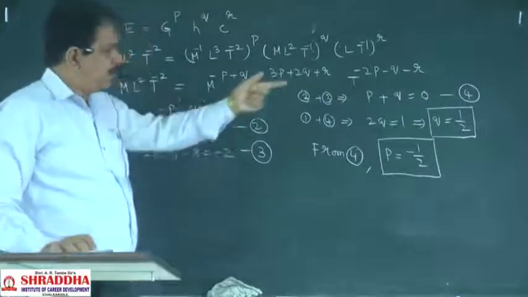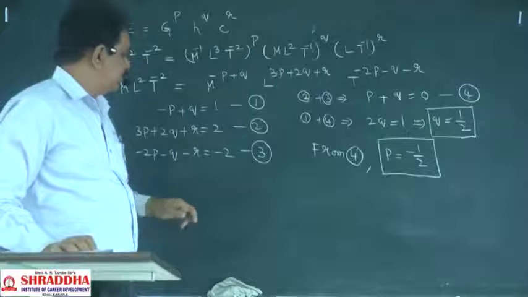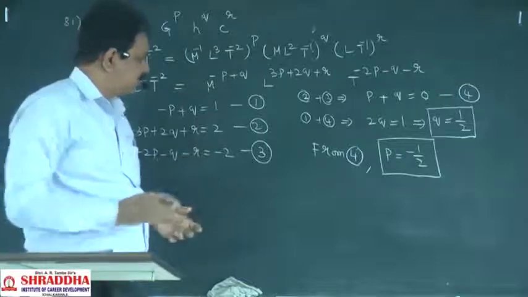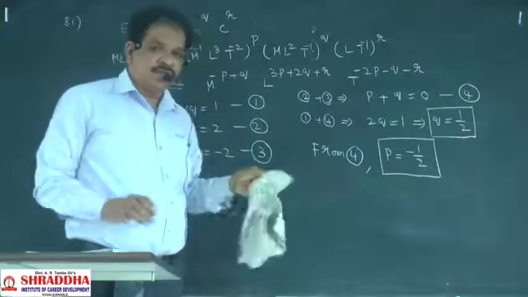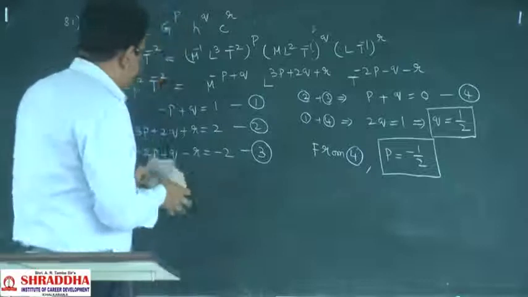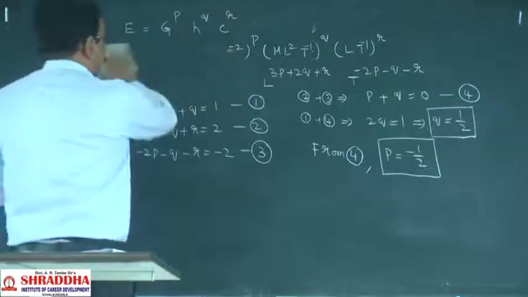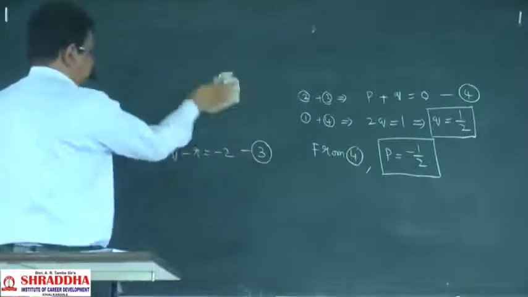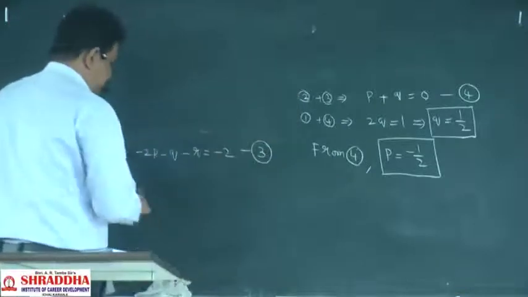P value we got, Q value we got. From that we can calculate the R value using this or using this. Any one equation you use to get the value of R. Clear? So then use this one, a little bit easy this one.